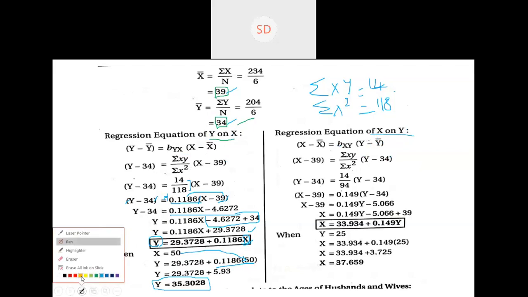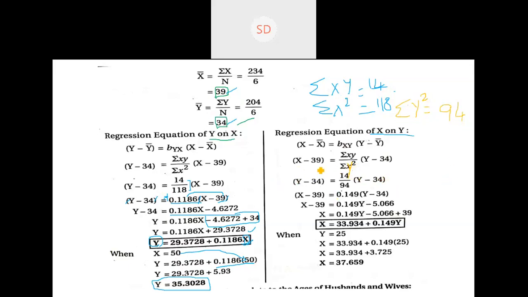For x on y, the equation is x minus x bar is equal to bxy into y minus y bar, and we already know the formula for bxy, that is sigma xy divided by sigma y square. Okay, and we know what is sigma xy and we know what is sigma y square. Sigma y square is 94.